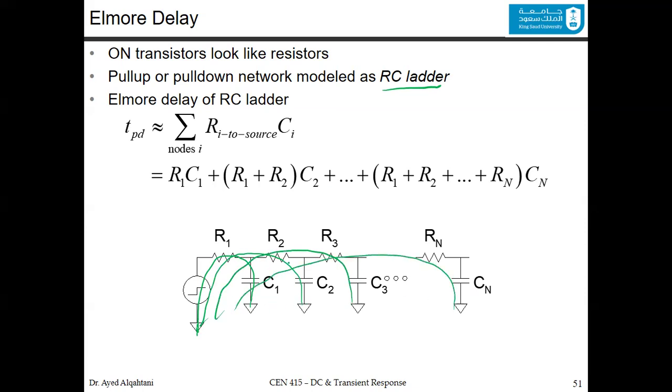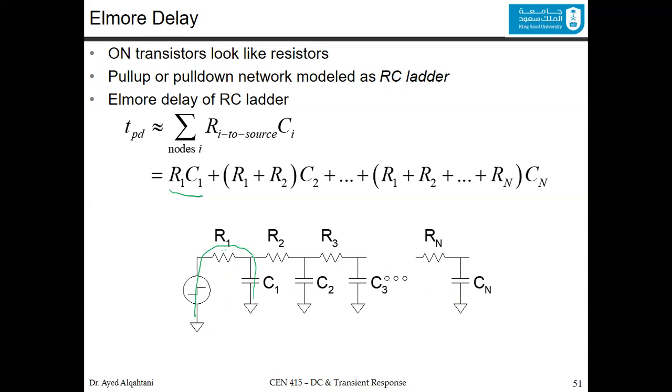So indicated by this, you have how many capacitances you have. If they are Cn, then you will have n different paths that you need to worry about. So for each specific path, you calculate the capacitance times the resistance. For example, the first path here is C1 times R1.